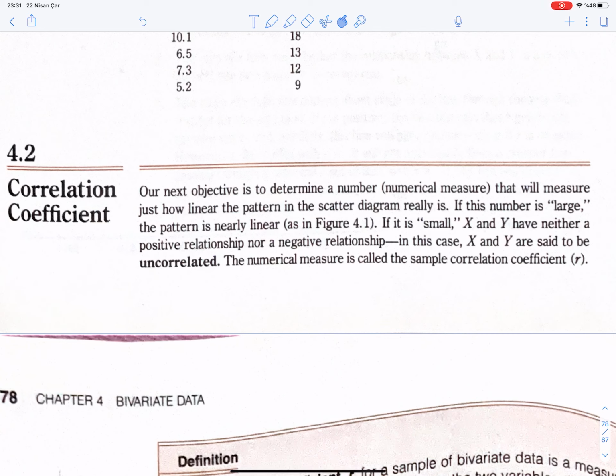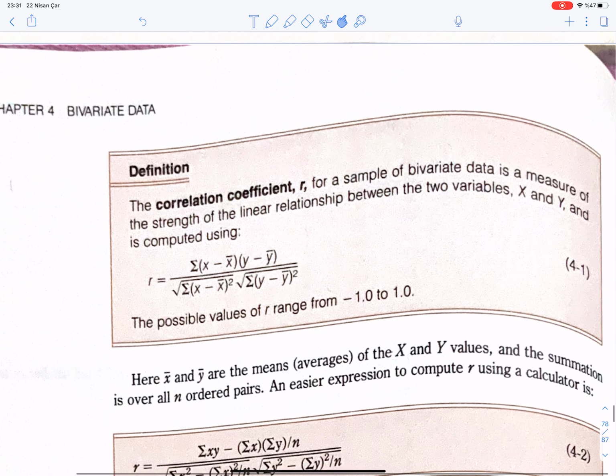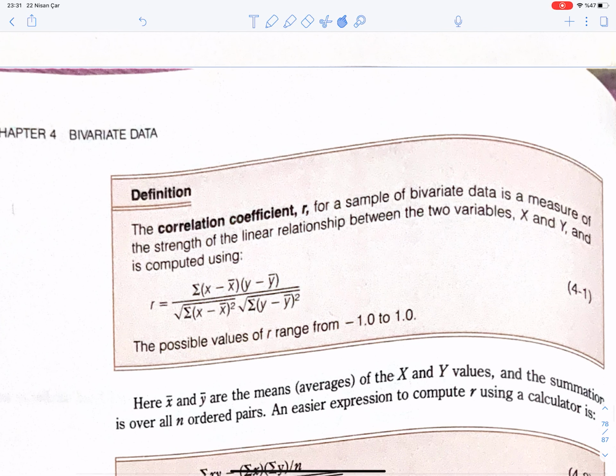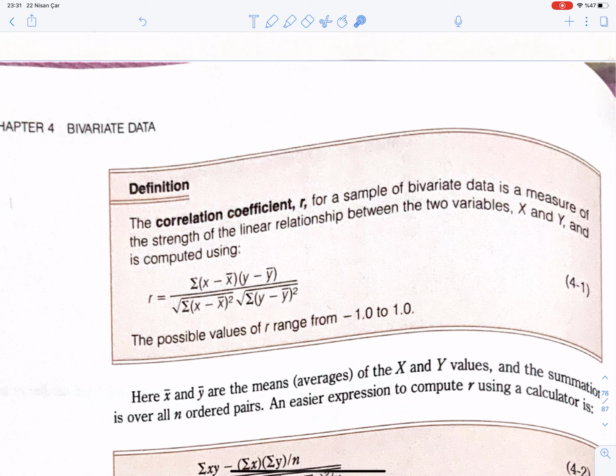According to the book, the correlation coefficient is shown with R. It is a measure of the strength of the linear relationship between two variables.